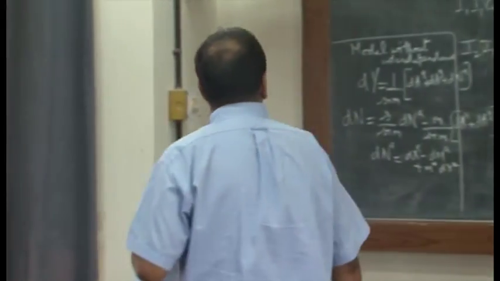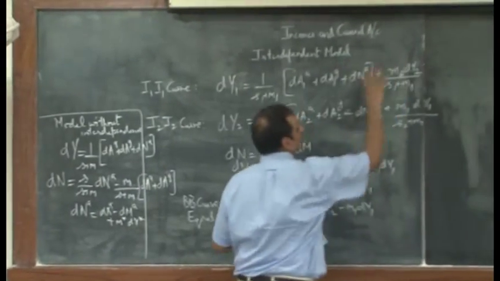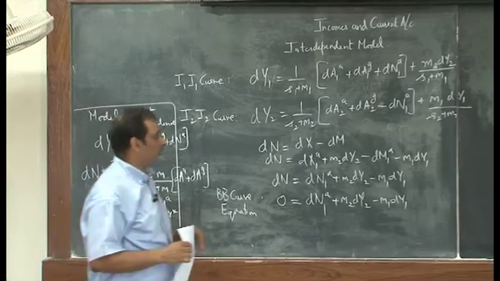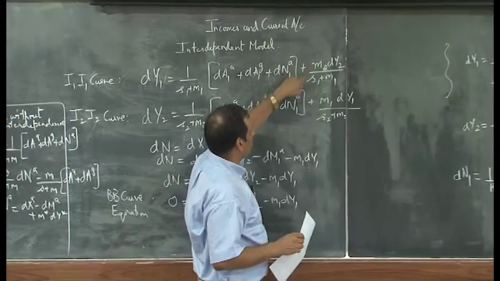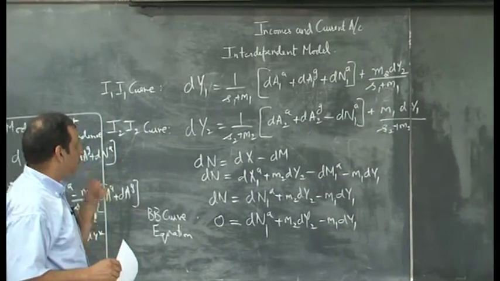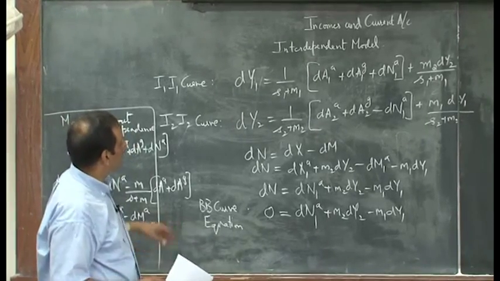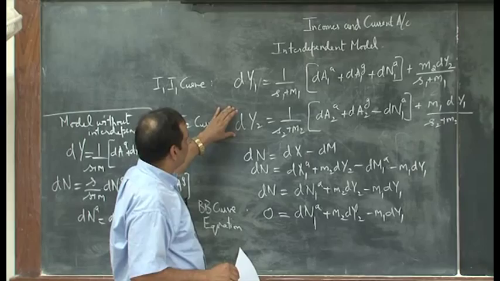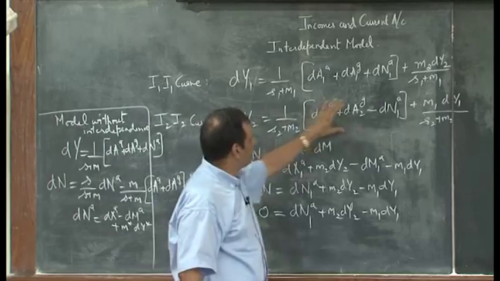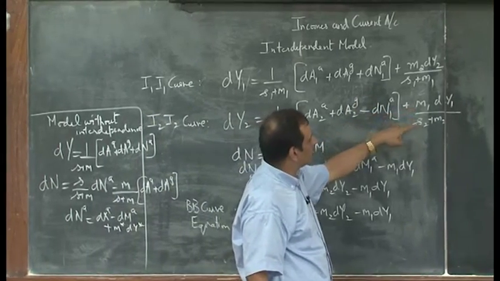The I1 line is a reflection of this equation, where the slope of the I1 curve is M2 divided by S1 plus M1. The I2 curve, which has a lower slope, is a reflection of this second equation, whose slope is given by M1 upon S2 plus M2.